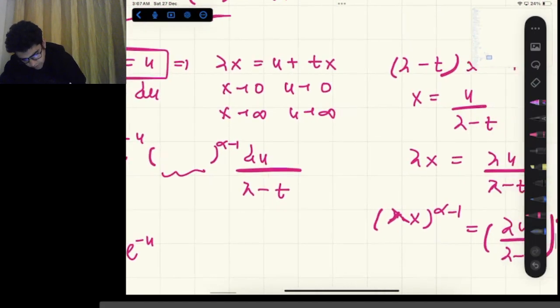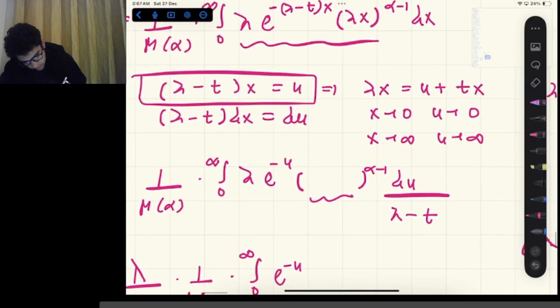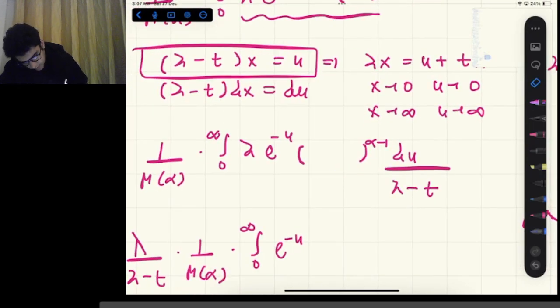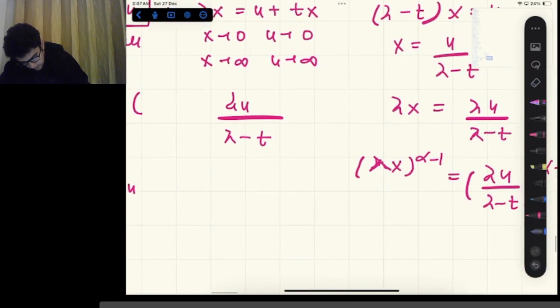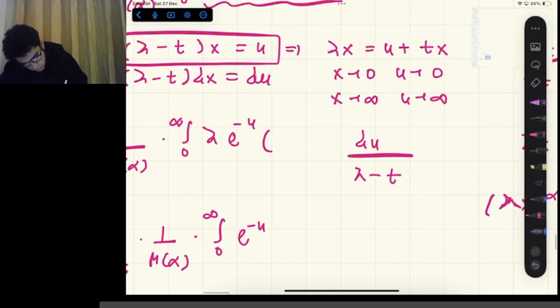So what does this finally give us? Now, in place of lambda x to the power alpha minus 1, we have lambda u by lambda minus t to the power alpha minus 1, right?